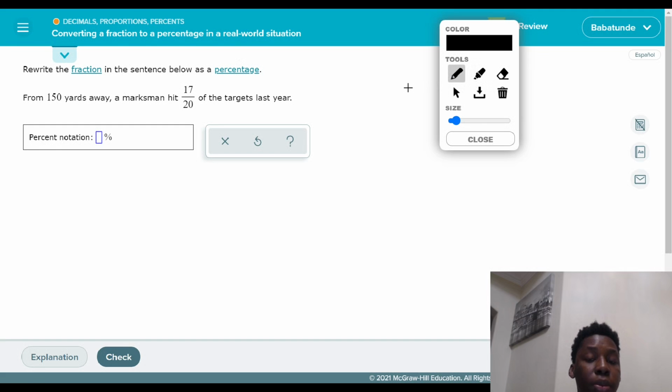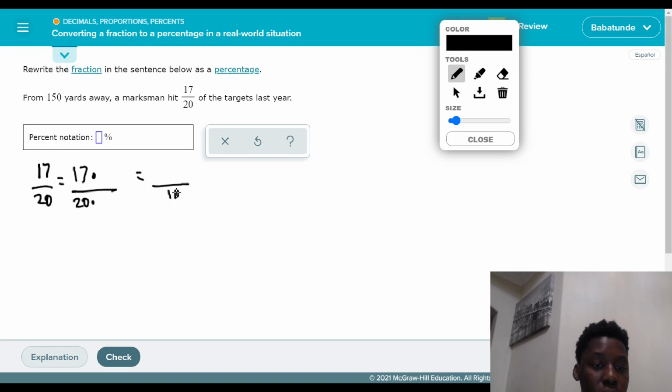The fraction in this question is 17/20, so this is 17 over 20. Then we come over here and put 17 times, 20 times what equals 100. We ask ourselves, what can I multiply by 20 to get 100?